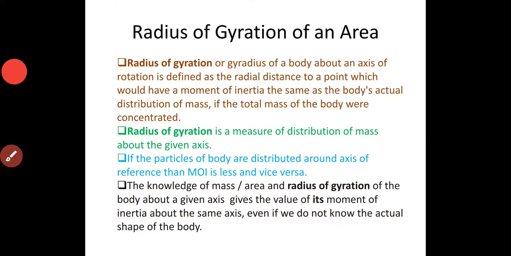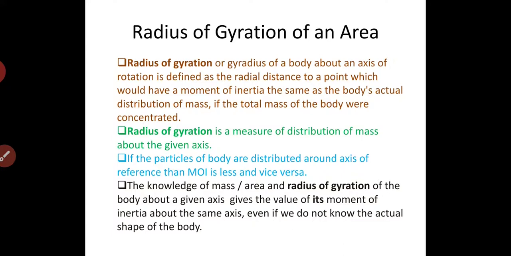Now radius of gyration of a body about an axis of rotation is defined as the radial distance to a point which would have a moment of inertia the same as the body's actual distribution of mass if the total mass of the body were concentrated there. It is a measure of distribution of mass about the given axis. If the mass is near the reference axis, then its moment of inertia will be less, and if it is away from the reference axis, then its moment of inertia will be more.